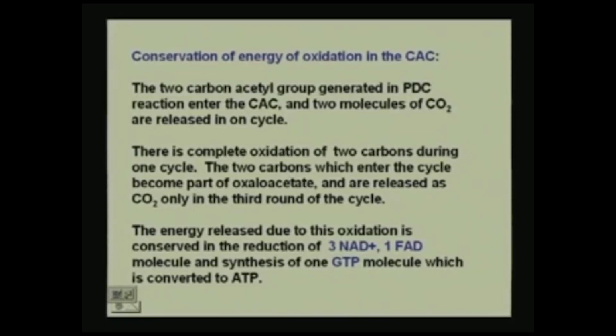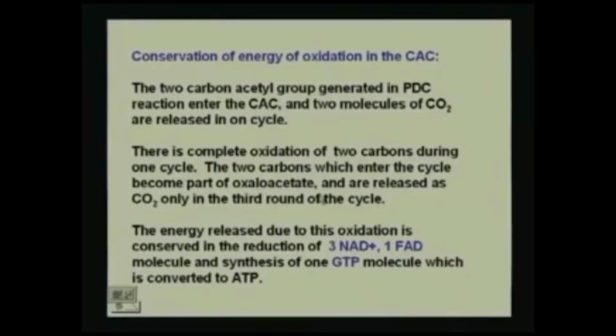The 2 carbon atoms that have entered at the top, the CO2s that are lost in the middle are from what was existing in the oxaloacetate. Remember I showed you where the CO2s are coming off. Those CO2s are not part of the acetyl CoA. The 2 carbon atoms which enter the cycle become part of the oxaloacetate, and they are released in the 3rd round.